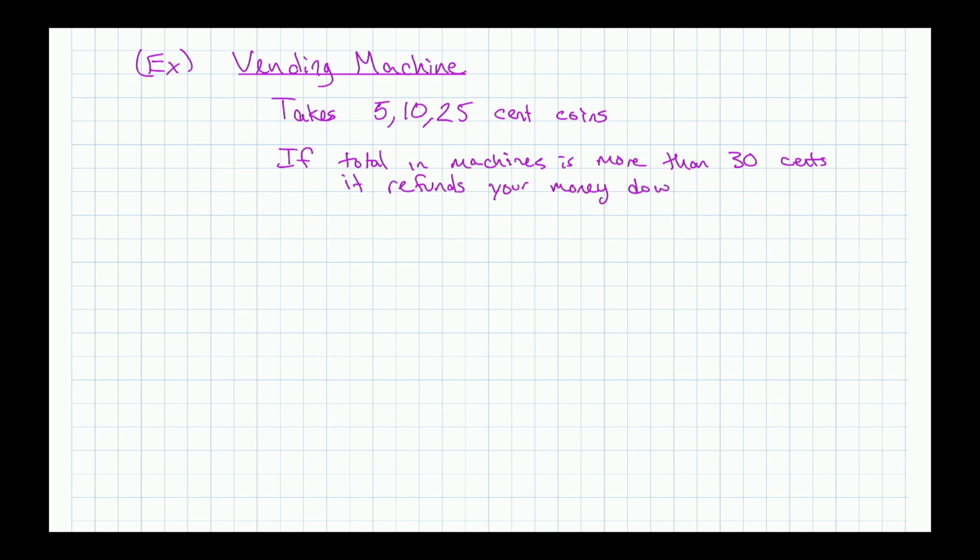I do not like how I said that, so I'm going to rewrite that. It returns the money in excess of 30 cents. So if you have 25 cents in there and you put in 25 cents, then it will just give you 20 cents back so it can stay at 30. It doesn't want to stay more than 30, so it refunds anything over 30.